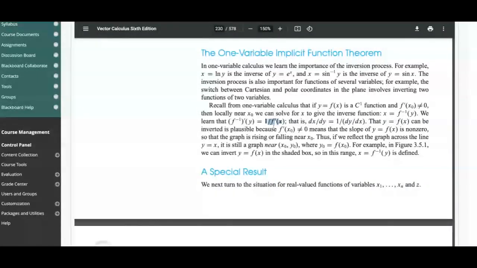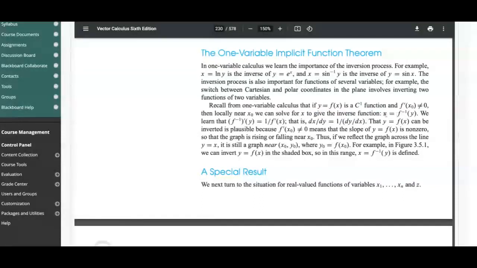The condition is that y equals f of x is differentiable and the derivative cannot be 0. Then locally near such a point, we can solve for x to give the inverse function.